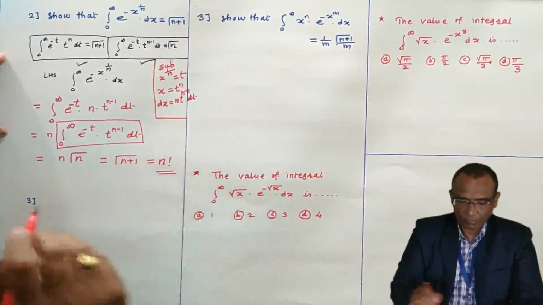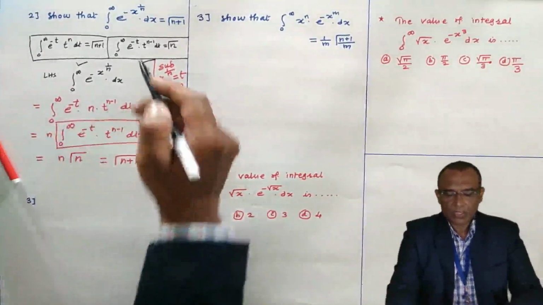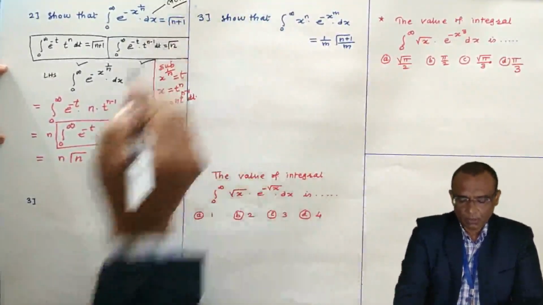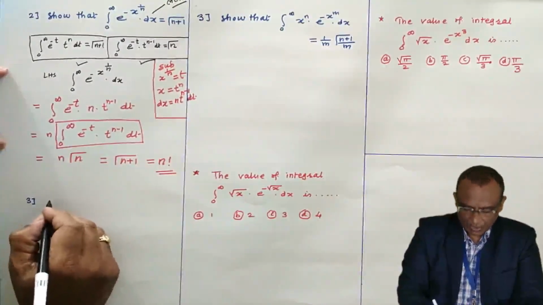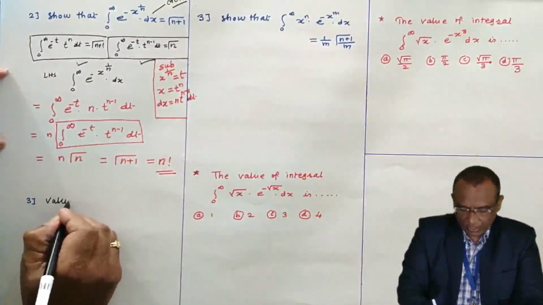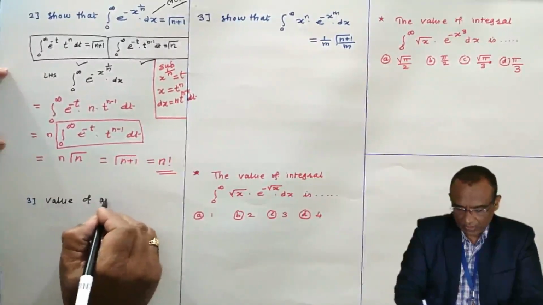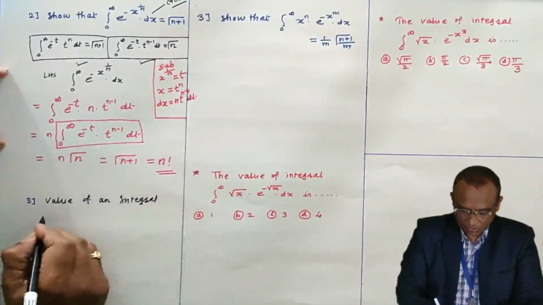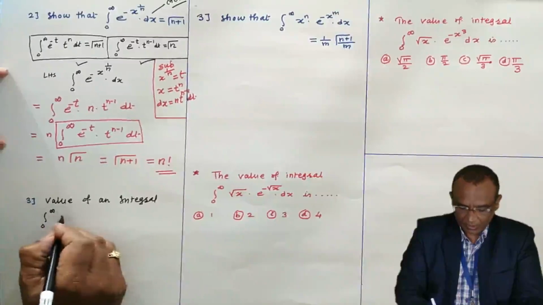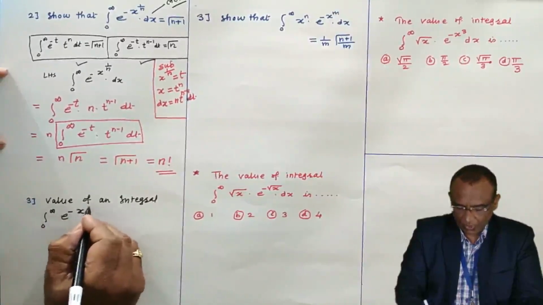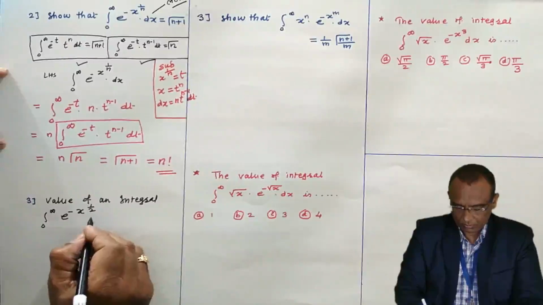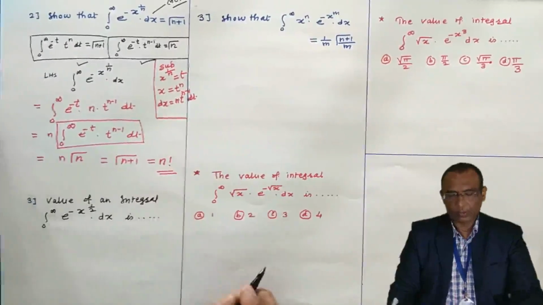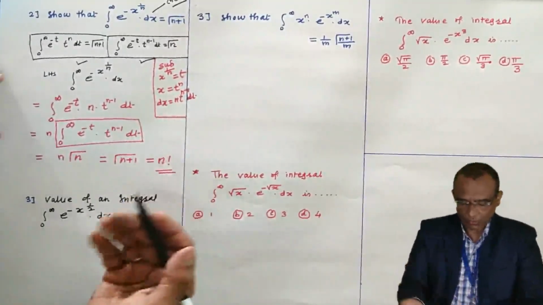Now, this type of integral may be asked as an MCQ. For example: the value of the integral from zero to infinity of e to the power minus x to the power 1 by 2 is dash.